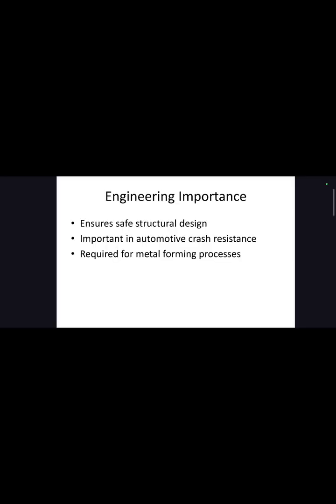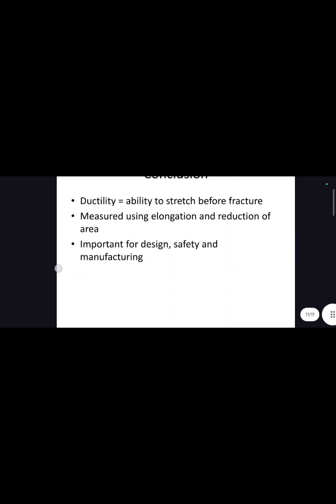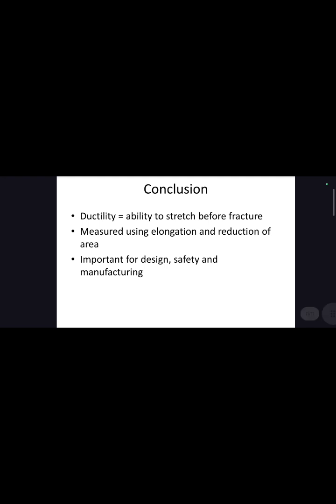To conclude, ductility is the ability of a material to stretch before breaking. It is an important mechanical property used in design, manufacturing, and quality control. The two main measures of ductility are elongation and reduction of area.